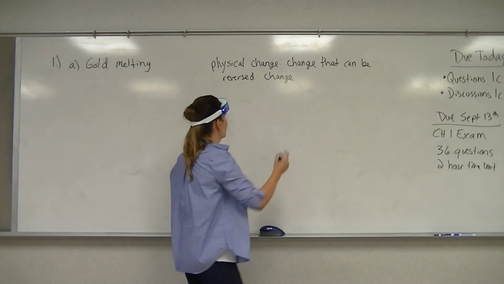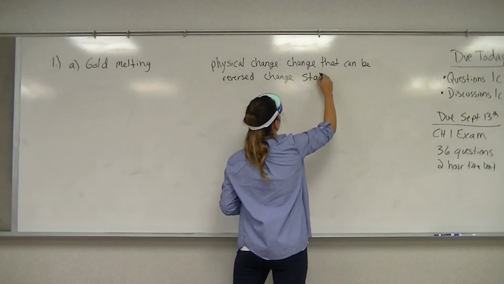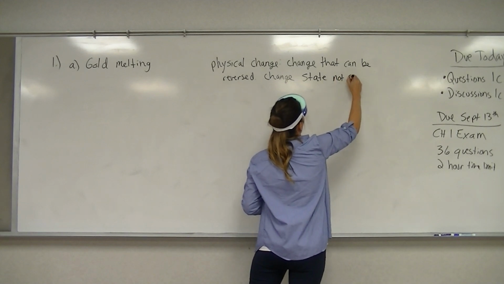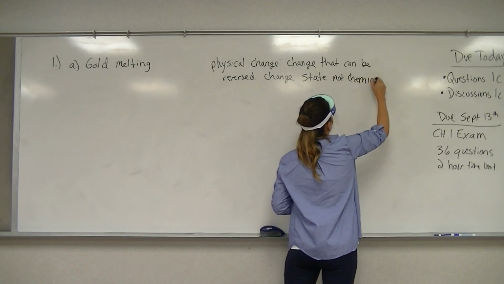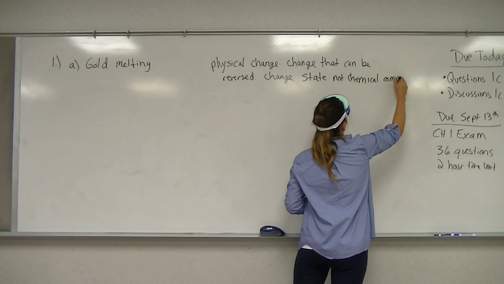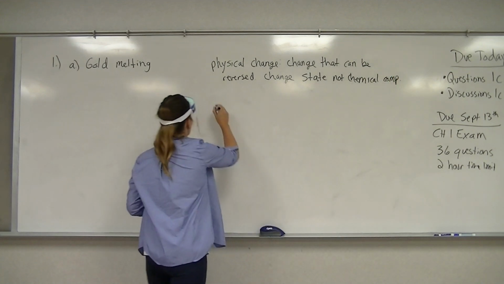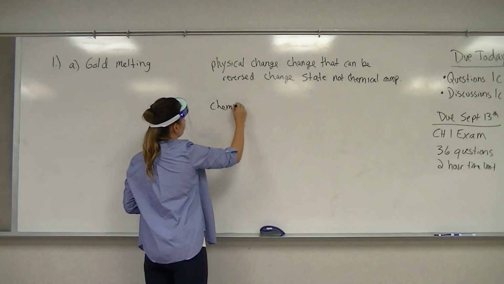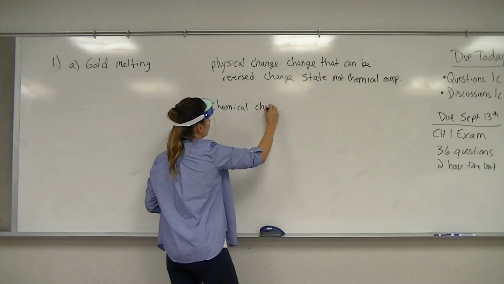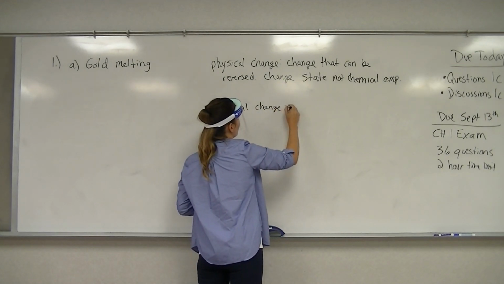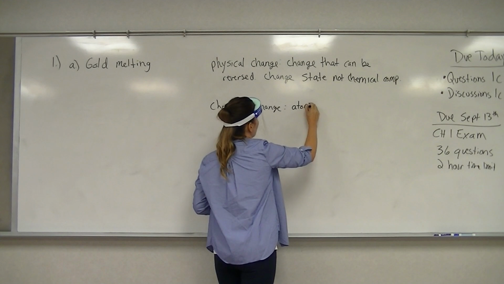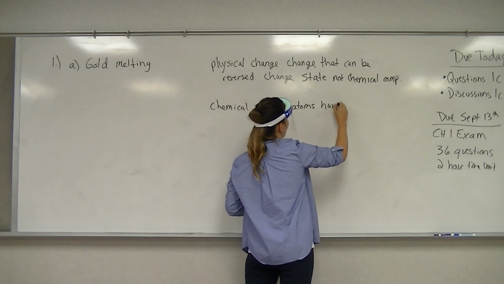Solid, liquid, gas state. Here we go. A change in the state, not the chemical composition. For a chemical change, atoms have been rearranged, bonds have been broken.